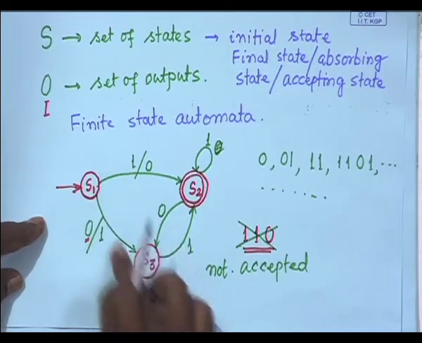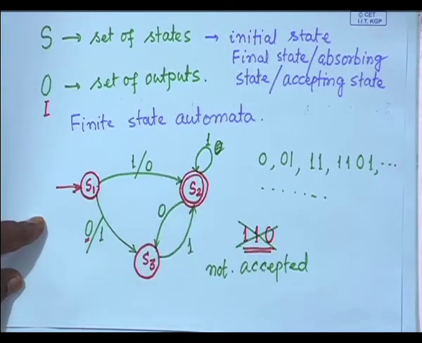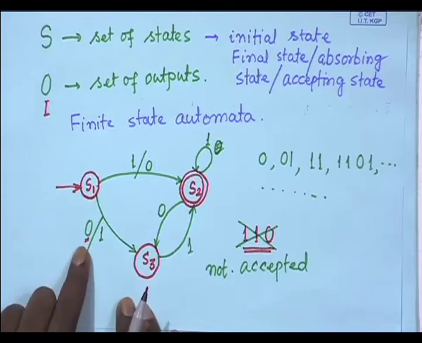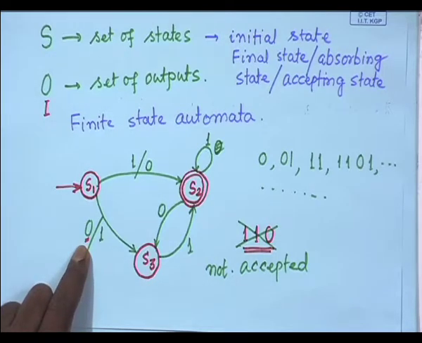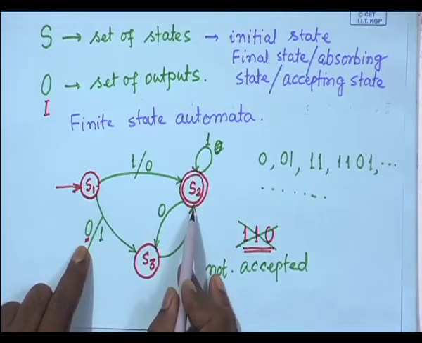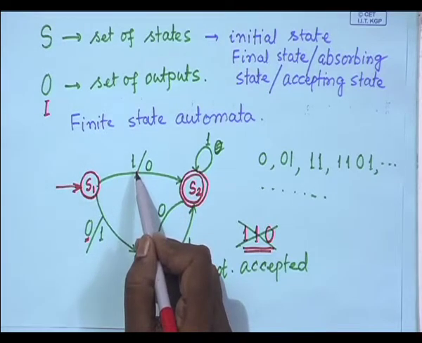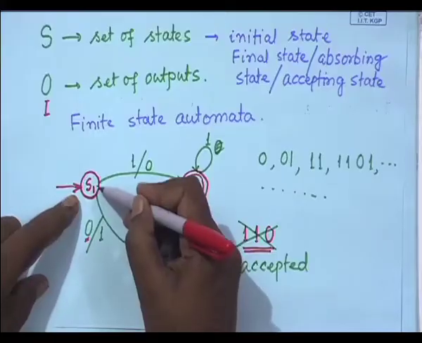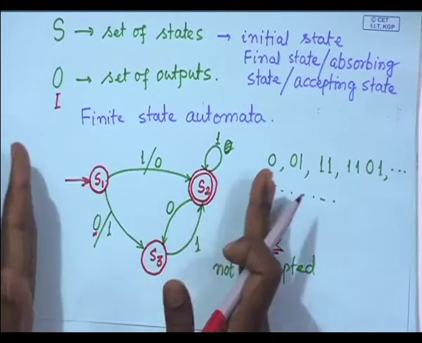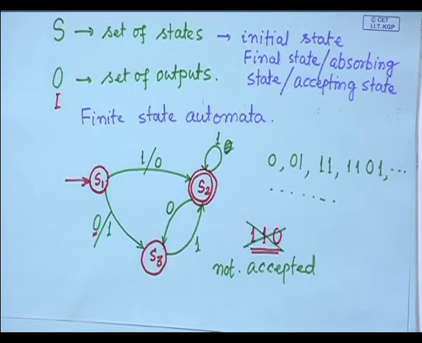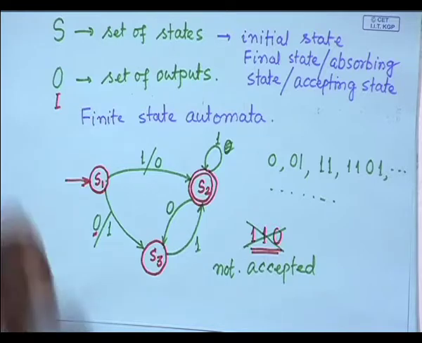But if my input is 0, the machine cannot make a transition from S1 to S2. Similarly, if the input is 1, this sequential machine cannot make a transition from S1 to S3. So, that is the kind of restriction we have in case of a sequential machine.